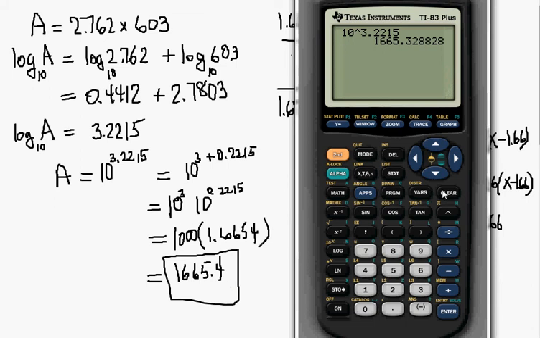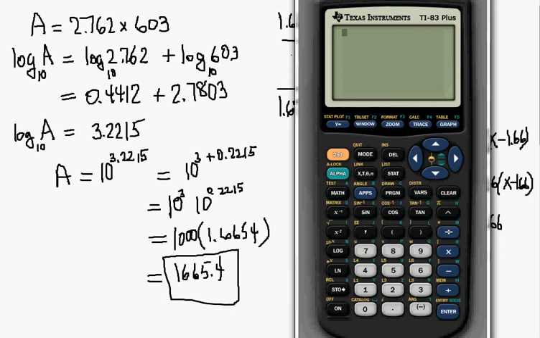And then the other thing to check is, let's see if we got the right answer, 2.762 times 603. If all goes well, the answer ought to be about 1,665. And indeed, 1,665.486. So I got the answer to 4 significant digits and almost 5. And so that's how analog logarithm tables would be used in order to compute a product.